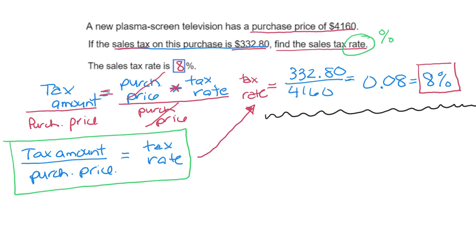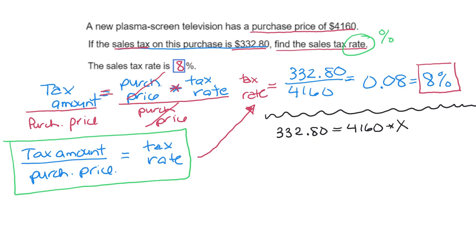If you did your tax amount, which is $332.80, is equal to the purchase price, $4,160, times the tax rate. So since we don't know the tax rate, I can call the tax rate X, if you will.